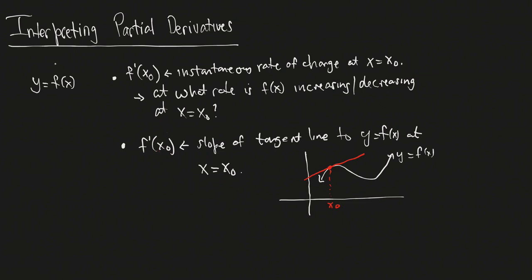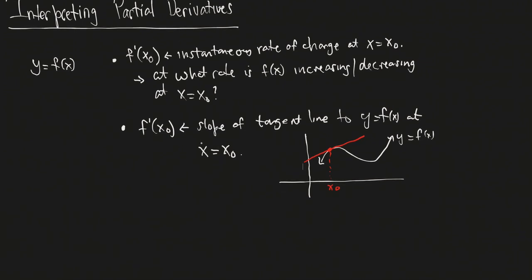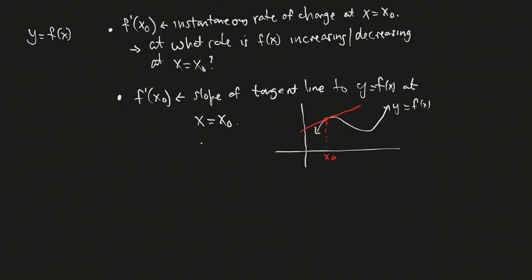And it turns out, for functions of two or more variables, we can imagine these first partial derivatives as either rates or slopes. So let's start with the rate interpretation.